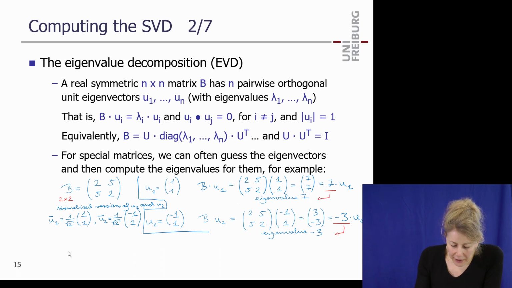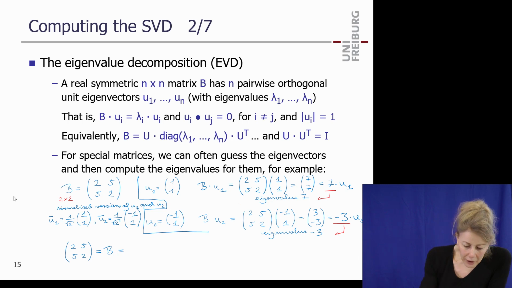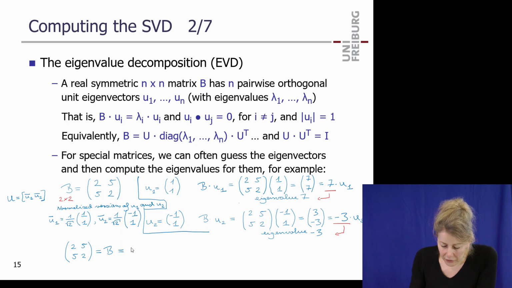I can write now B as, and this just follows from what I just did, it may not be completely obvious, but you could compute it, which means that my B, which is 2, 5, 5, 2, that's my B. And I can write it as, I now define a matrix U, and U is just a matrix where I put the 2 eigenvectors, the normalized ones, side by side as columns.